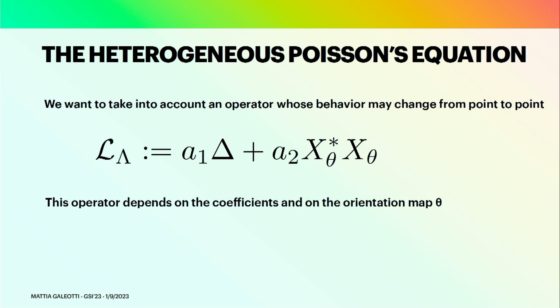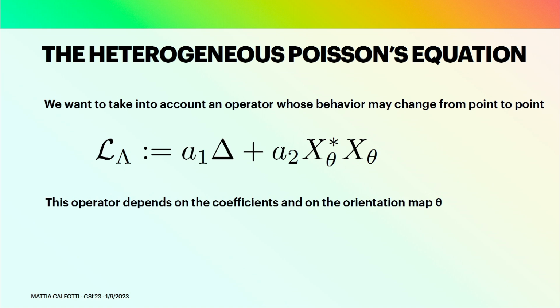I want to stress that here we have heterogeneity in the dynamics of the operators, in the orientation map, and this heterogeneity is brought out by the different coefficients. So we can imagine having coefficients changing from point to point.